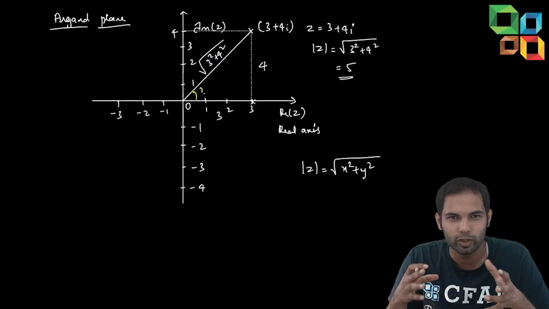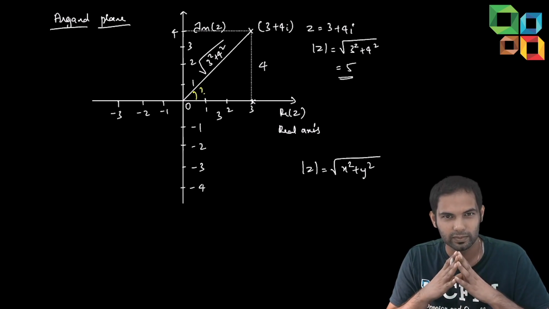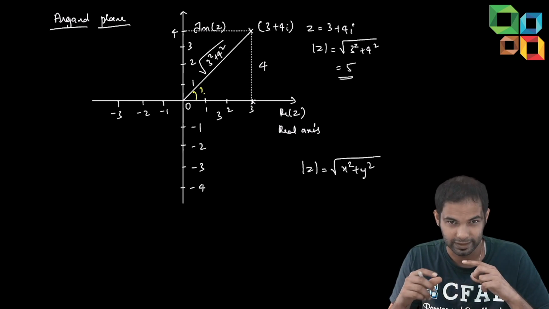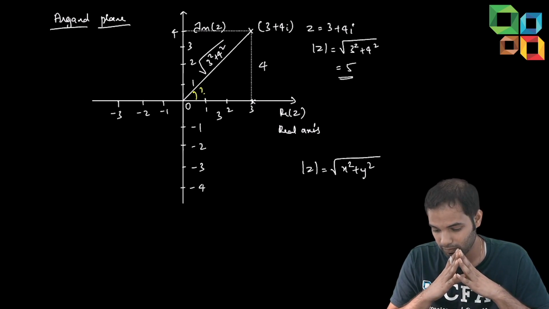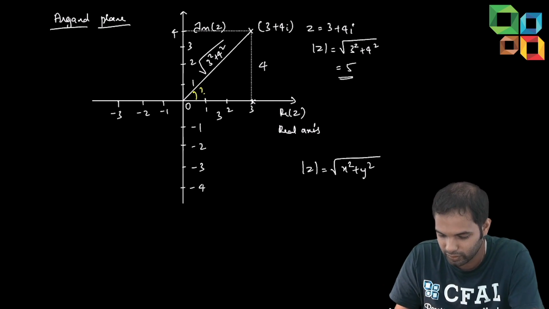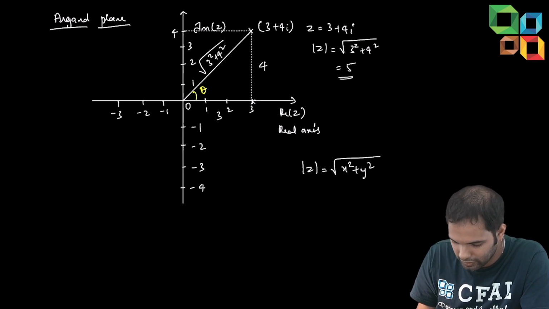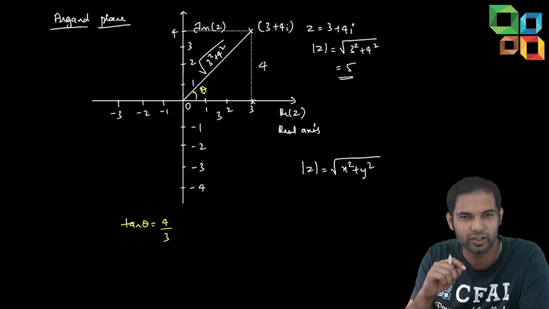If you have learned more about coordinate geometry, you would have come across polar coordinates as well. There also you could see something relating to the radius and the angle. This is somewhat similar to that. So what is that angle? If you take this as theta, tan theta is nothing but 4 by 3, because it's opposite by adjacent.